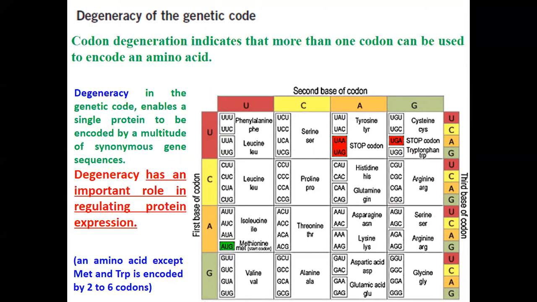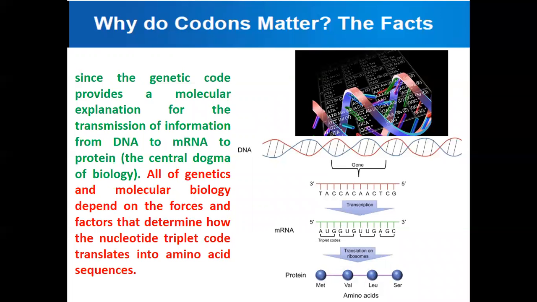As discussed earlier, there are 64 codons, and each triplet codon can code for one amino acid. For example, AUG codes for methionine, and GUG codes for valine.